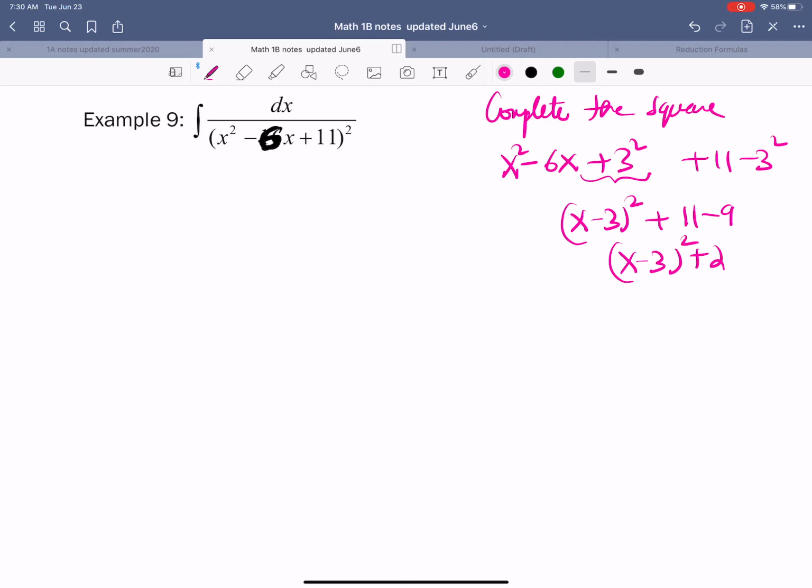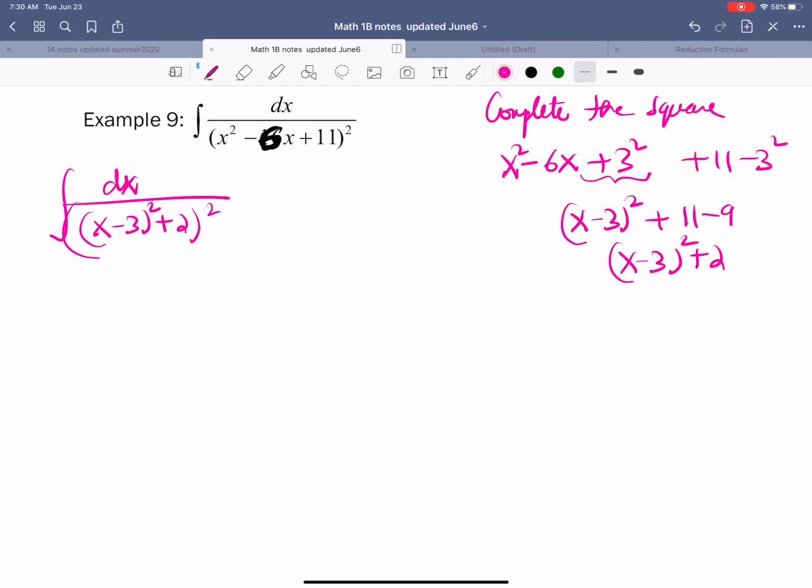What else can we do here? Now let's call it dx over x minus 3 squared plus 2, everything squared. Again, I see a tangent in here with a as square root of 2.